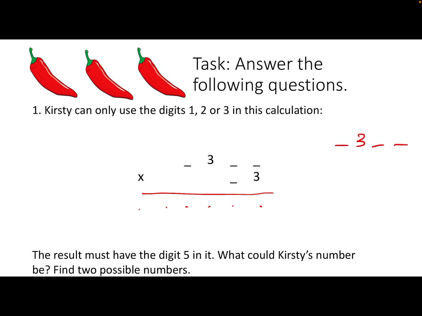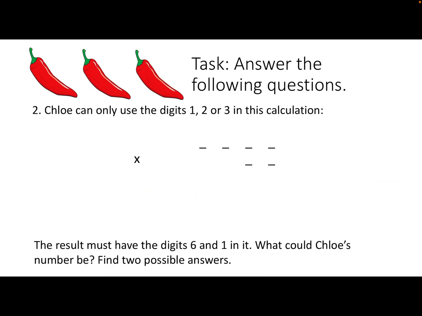So I'm going to draw it out. Well, these are all mystery boxes. We must have a 5 in there somewhere in our answer. What is it?